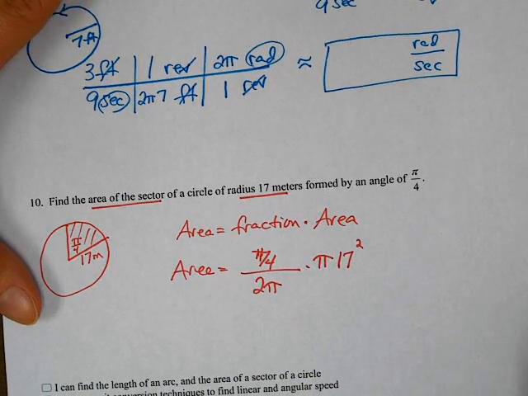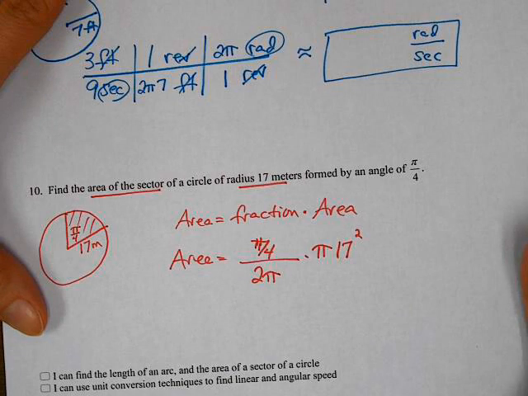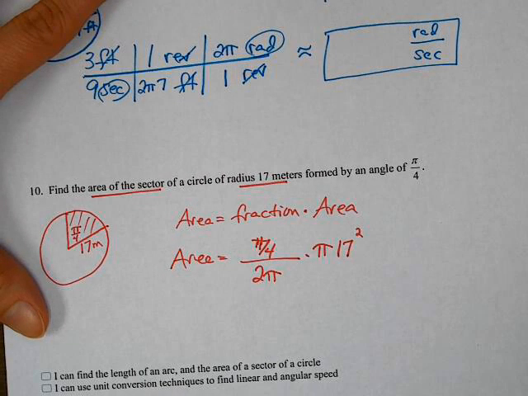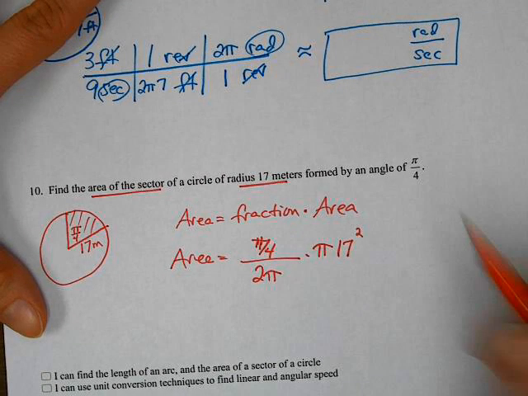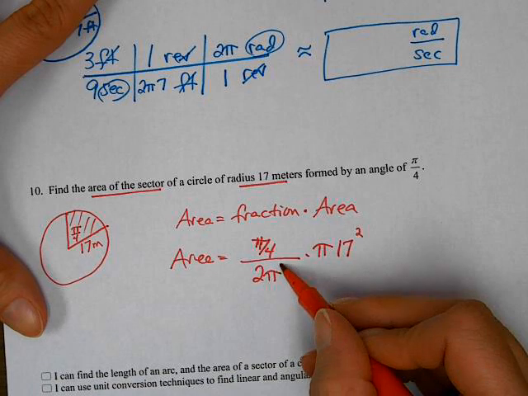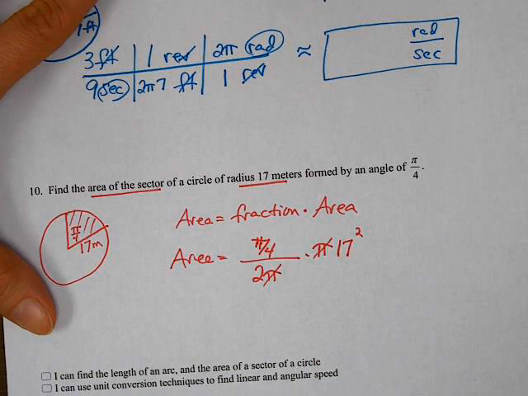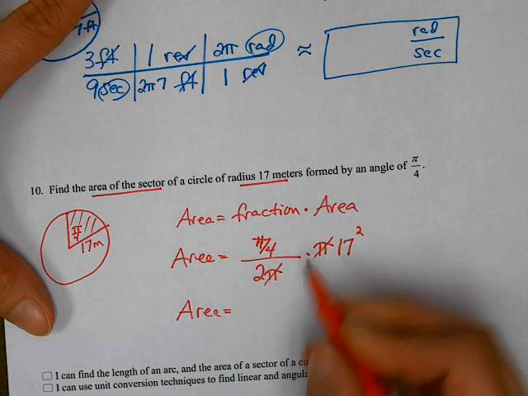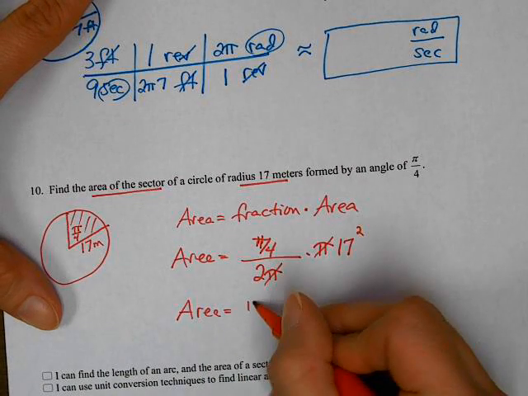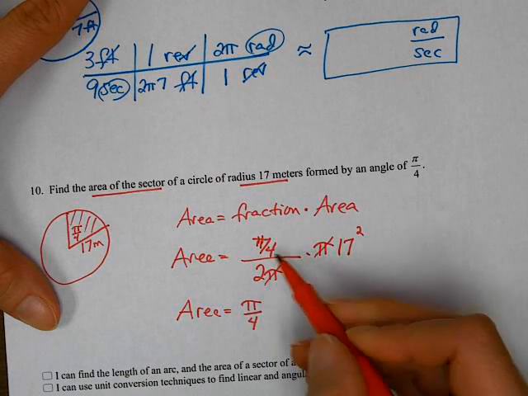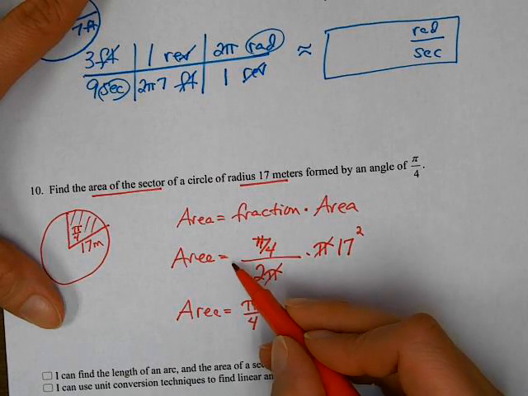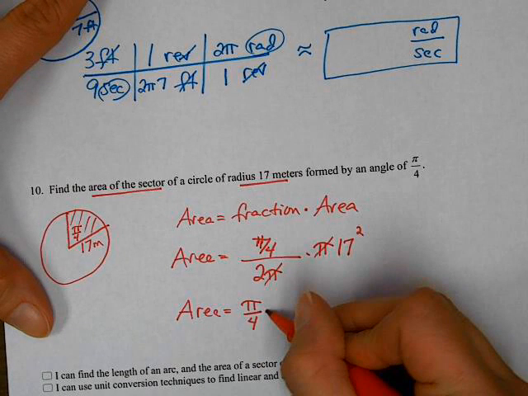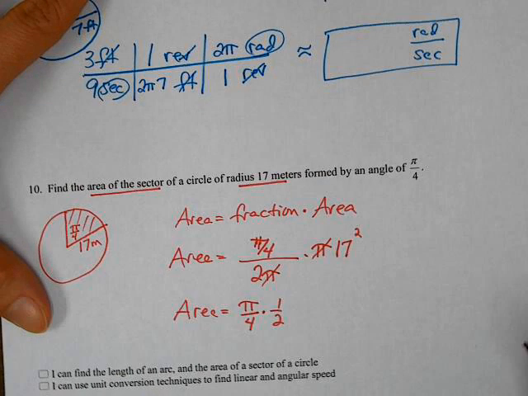Maybe we should do this one exact. Everybody knows how to type it in, but let's work on doing it exact. So this pi can cancel with this pi. And so now I've got area equal to pi over 4. Instead of doing a triple decker, instead of saying divide by 2, I'm just going to say 1/2. That cleans that up.